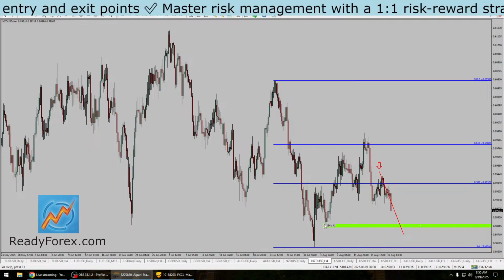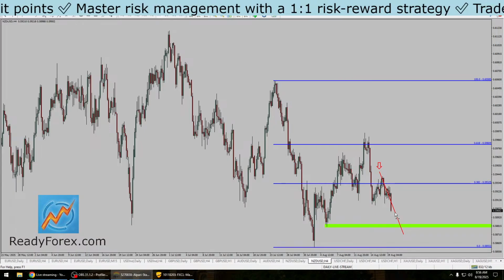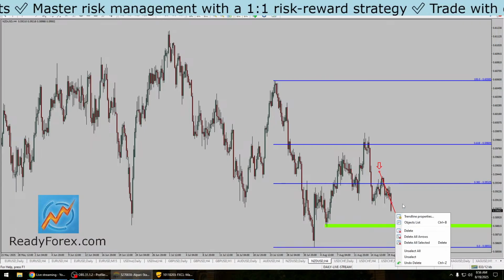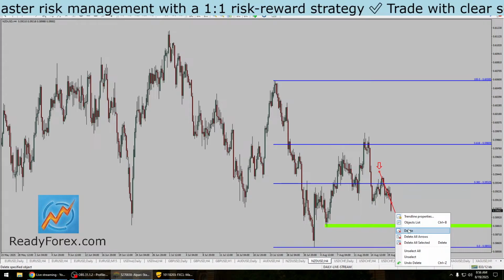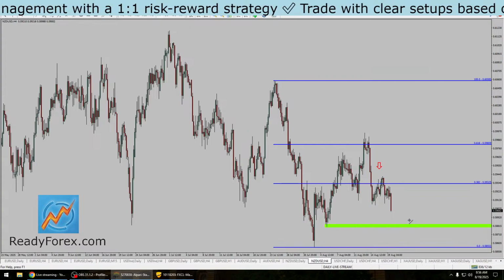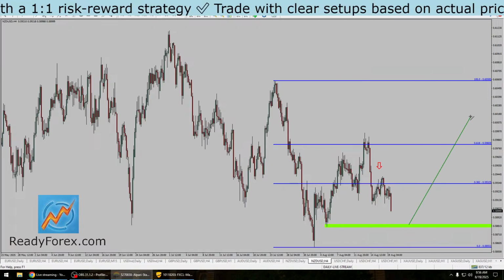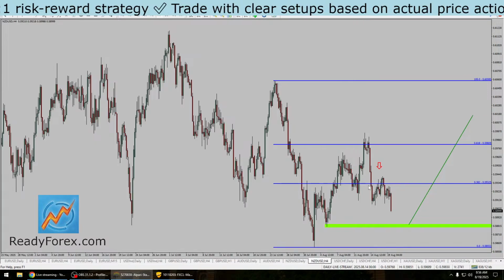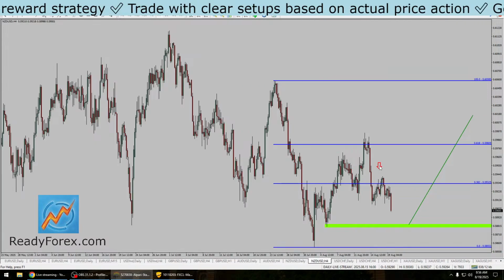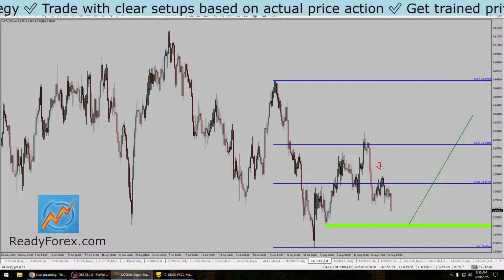So this is the support area right over here, and this means somewhere around this area, once the market hits this support level, this green highlighted area, look for a potential buy trade setup. Use your own day trading strategies to look for a potential buy trade setup.